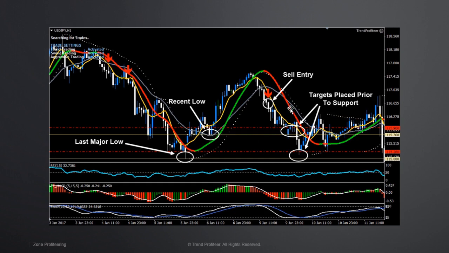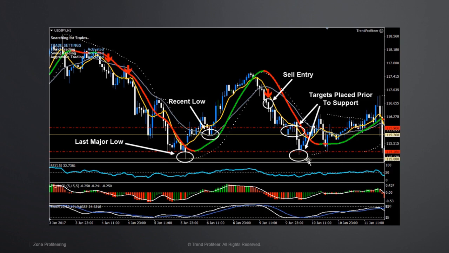So what you want to do in this case is the inverse. You want to place your targets prior to the support levels, which in this case means above the support levels. So here's your support, place your target just prior to it, and of course it was hit nicely. And so too with this one, you want to place your targets just prior to the support level.